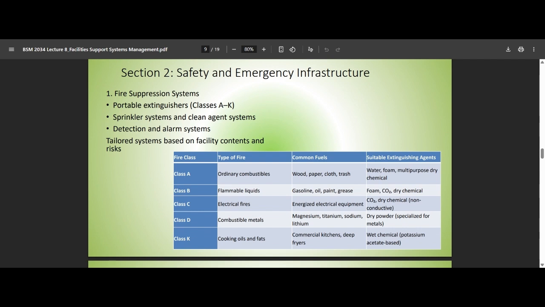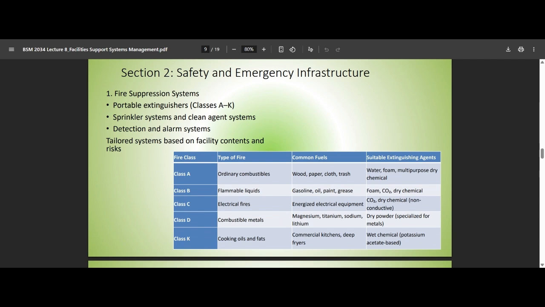First thing which will come to our mind is fire suppression system. As you will come across in a lot of buildings, commercial buildings, offices, warehouses, manufacturing facilities, you will have the sprinkler system.